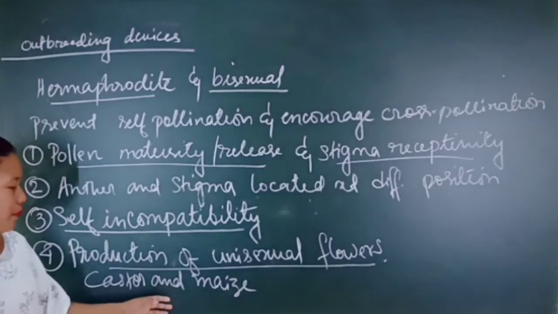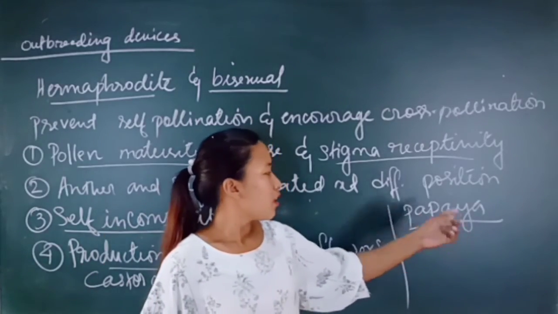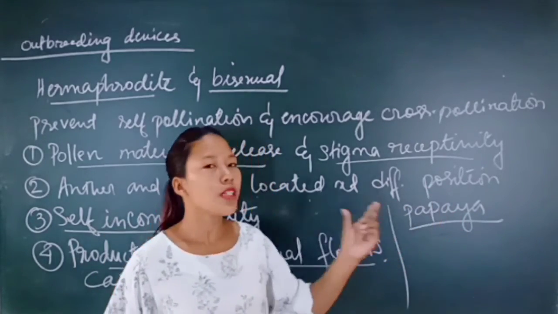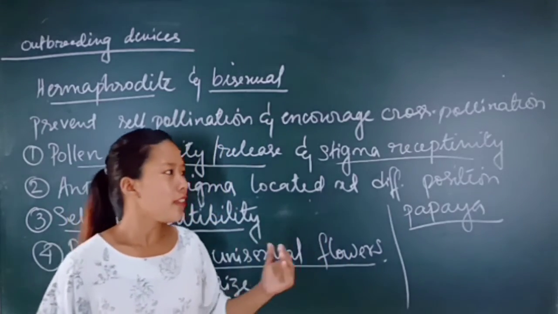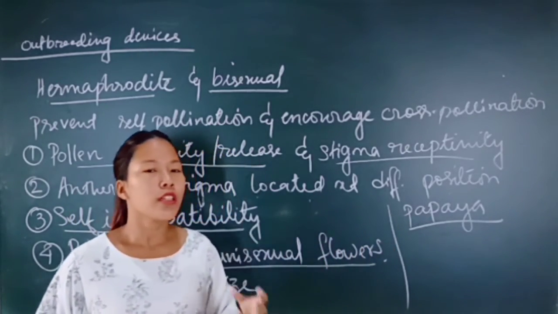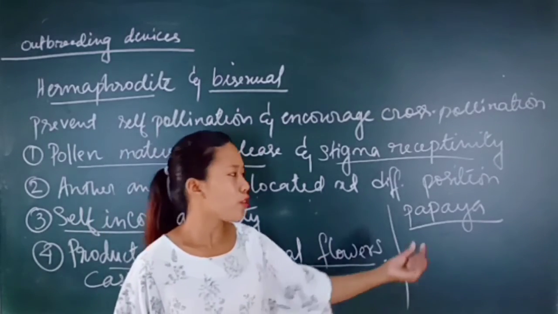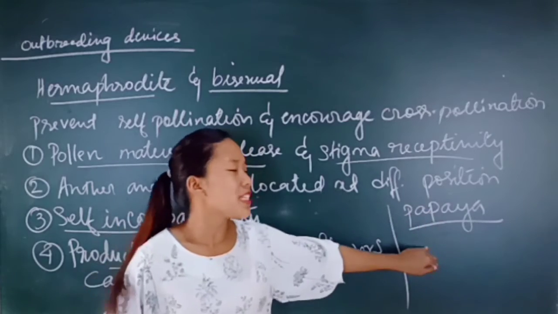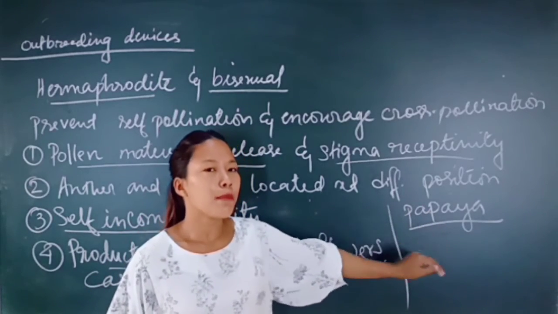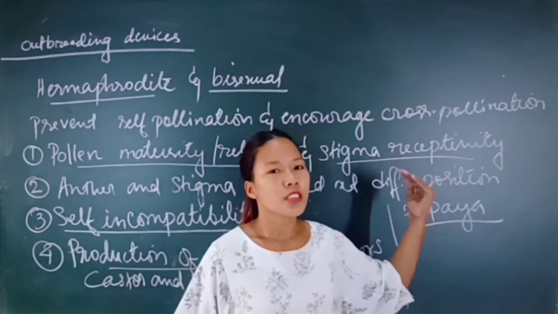But in plants like papaya, only one reproductive part will be present in a flower. That means either the male part or the female part will be present. In the papaya plant, one plant is a male plant and another plant is a female plant.